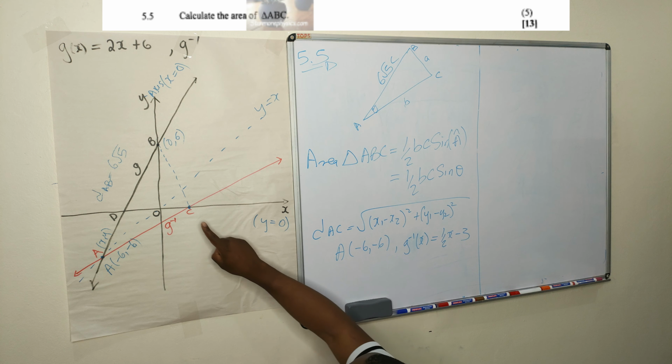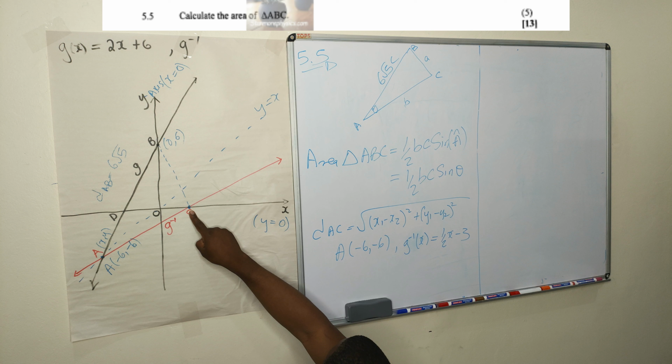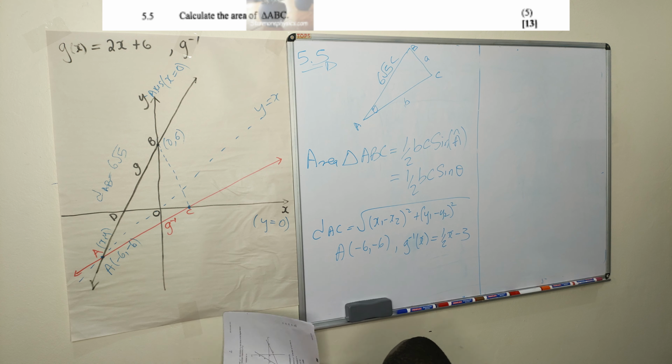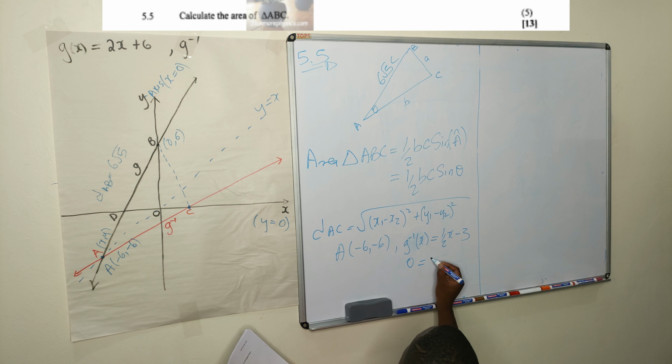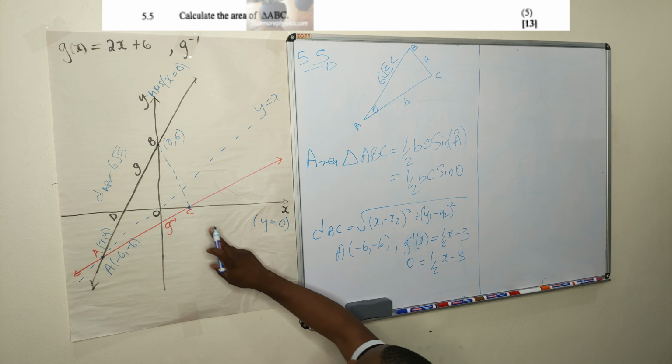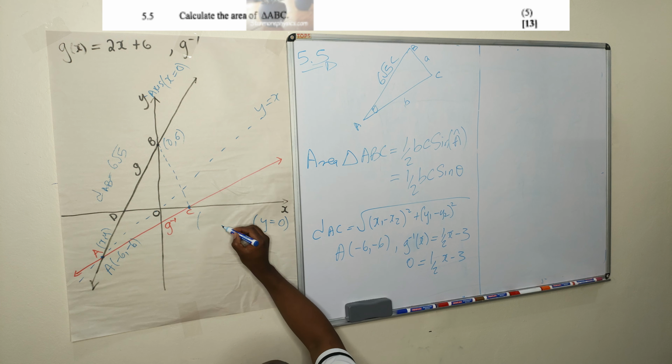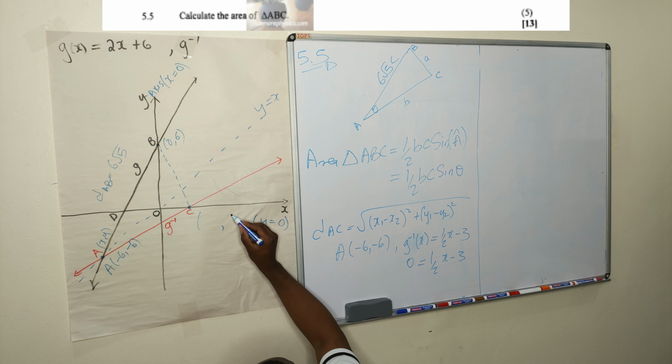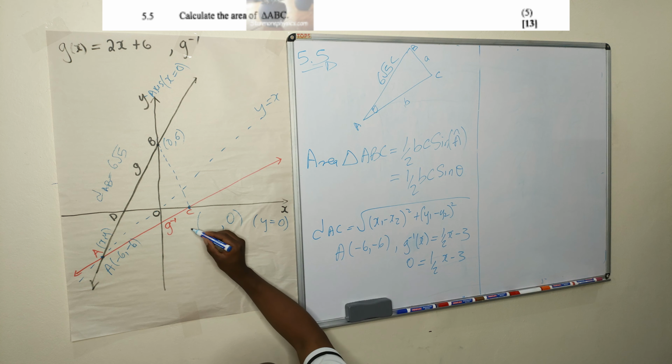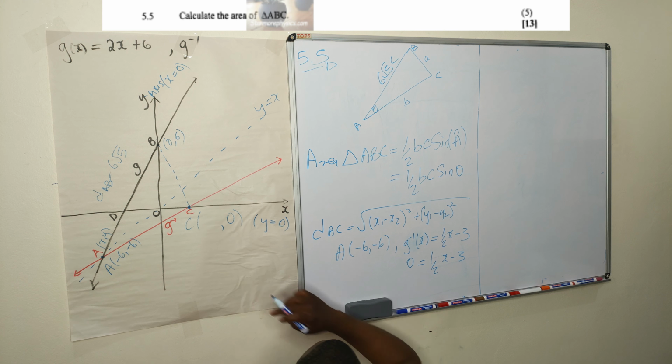So we know that the y value there is 0. So 0 here is equal to 1 over 2 x minus 3. So we solve for x. We want to find the corresponding x value. We know y is 0 here. So for C, we want to find this value here.